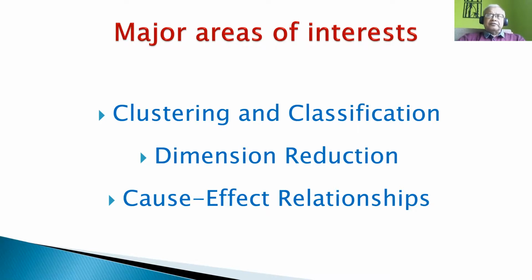The other is dimension reduction. So in dimension reduction, we have a huge number of variables, as I said. Can we bring this down to a few dimensions, maybe 3, 4, 5, 10 dimensions instead of 500 or 600 dimensions or features, so that it's easy to comprehend, easy to analyze, and easy to interpret later on?